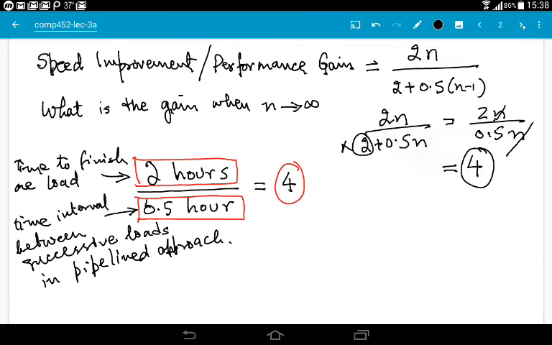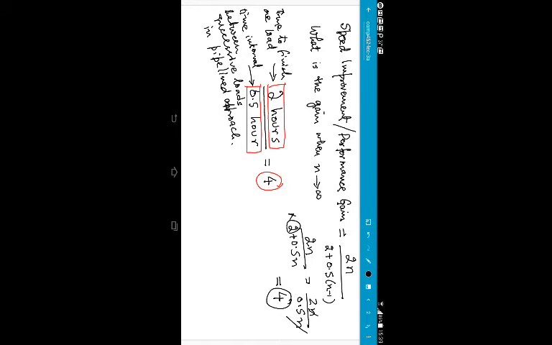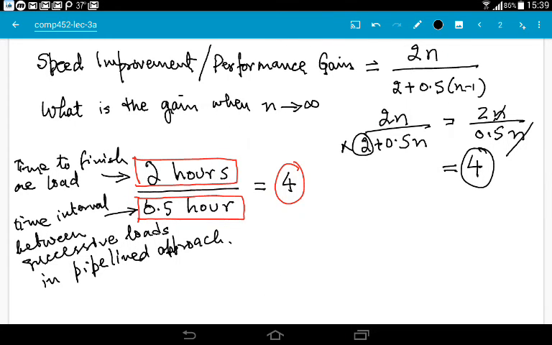Now it turns out that MIPS also has a pipelined architecture, and in the MIPS architecture there are 5 stages of pipeline.